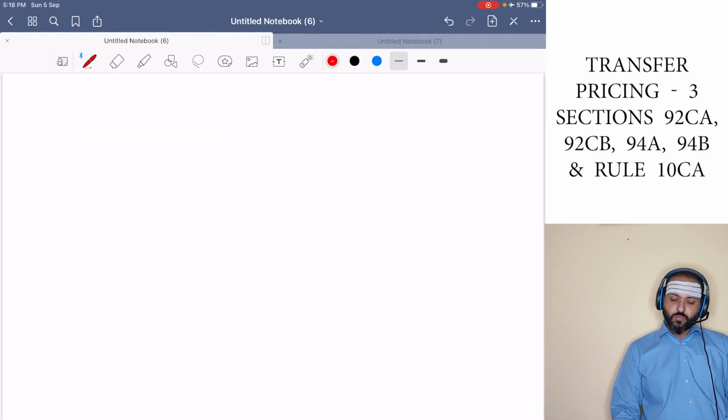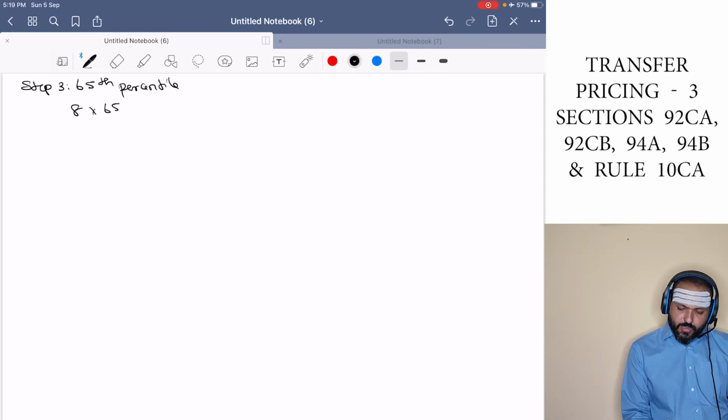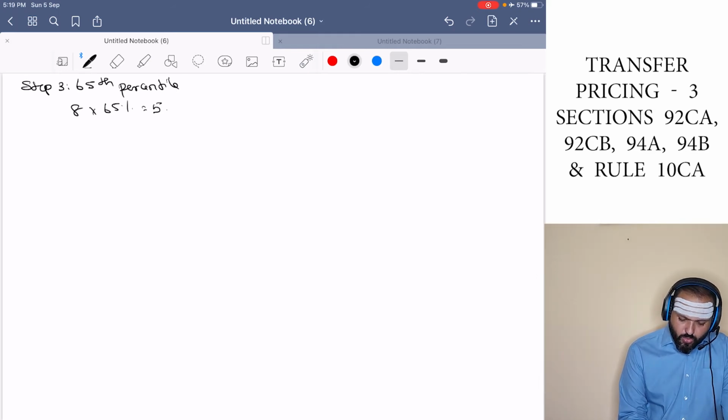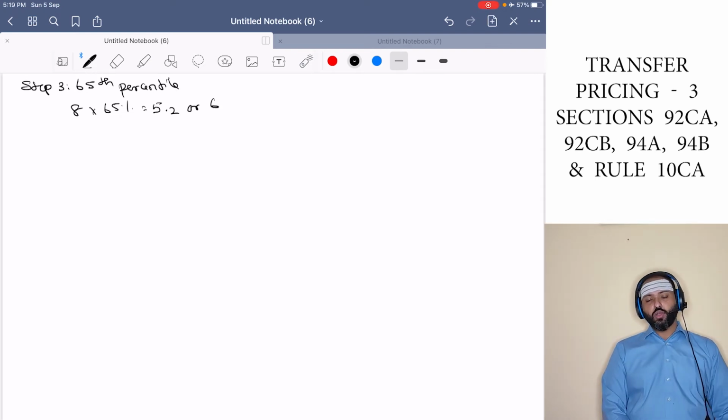Then the next step will be step 3, 65th percentile. So 8 into 65%, isn't it? How much is that? That is going to be 5.2, or we can call it 6, because 5.2 is not a whole number.